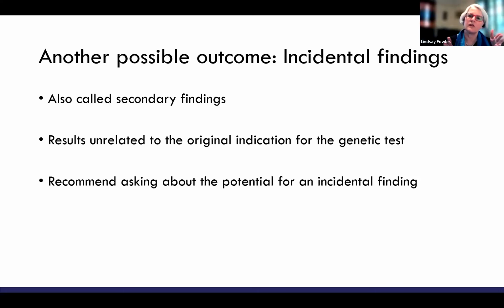We do try to keep our testing focused on the genes that are very closely related to the condition that we're interested in. But sometimes we're not so sure, or we use a gene test that incorporates quite a lot of genes. And so sometimes we get a result which is not related to the original question we asked.